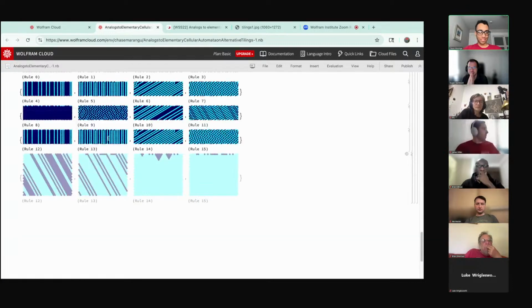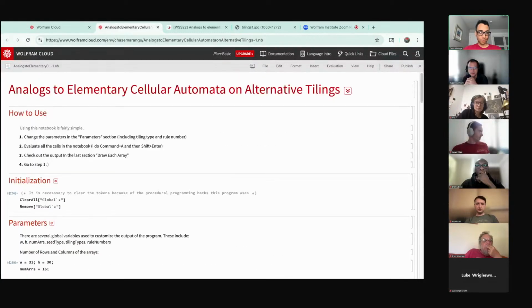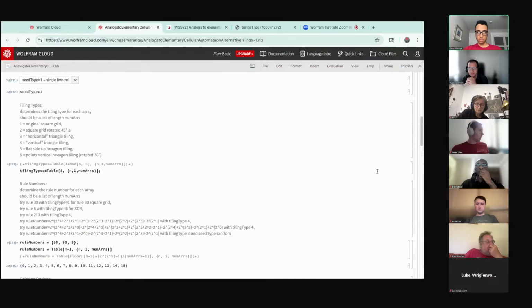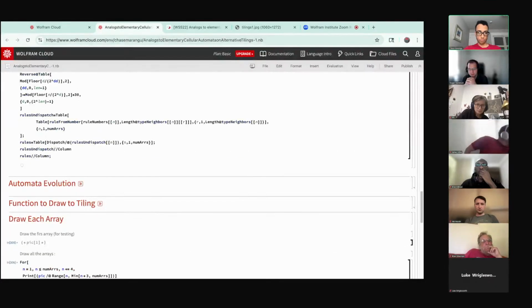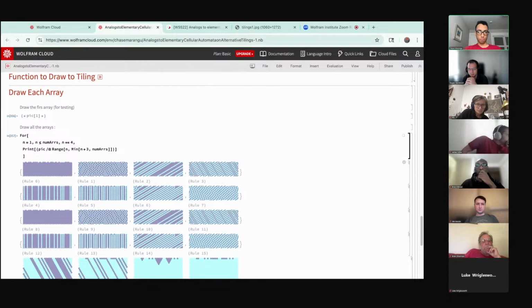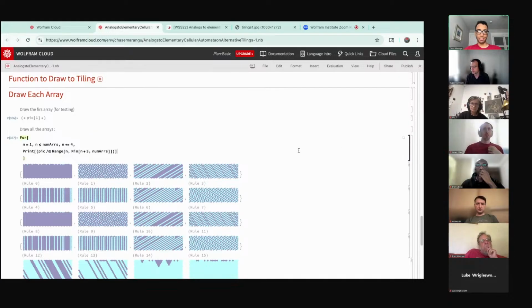Let's see here. We'll start with a single cell initial condition. I'll just let Wolfram Cloud take its time as it computes this.